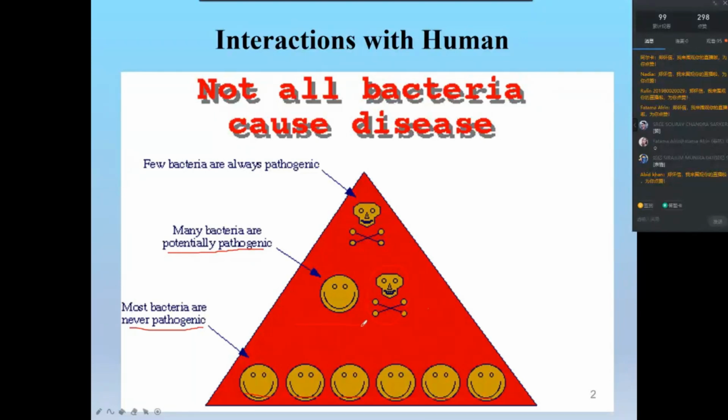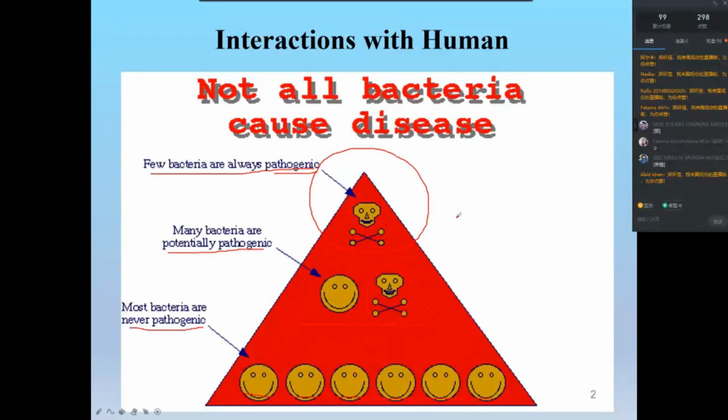So this is part of them. Only very few of them, on the top of the pyramid, are always pathogenic. These are called pathogens. These were the major concern of medical microbiology previously.